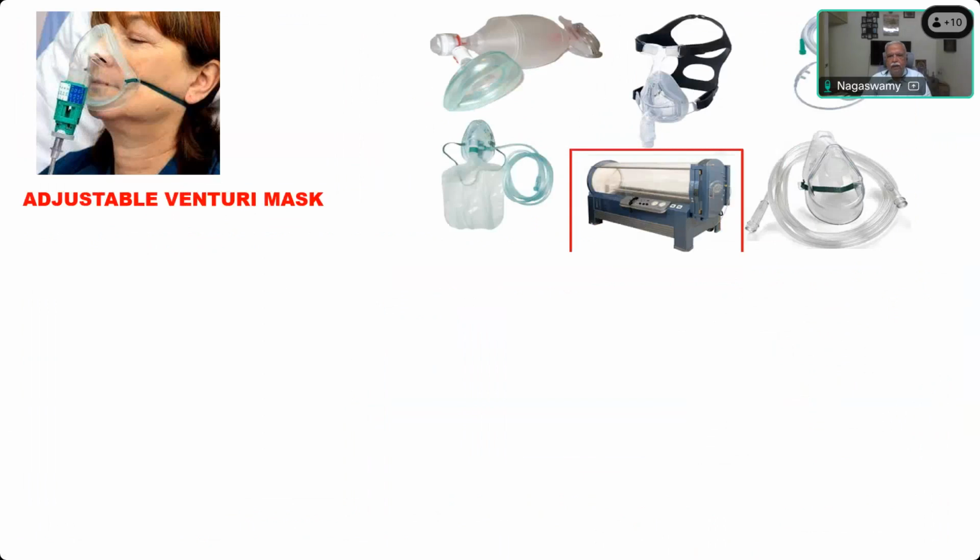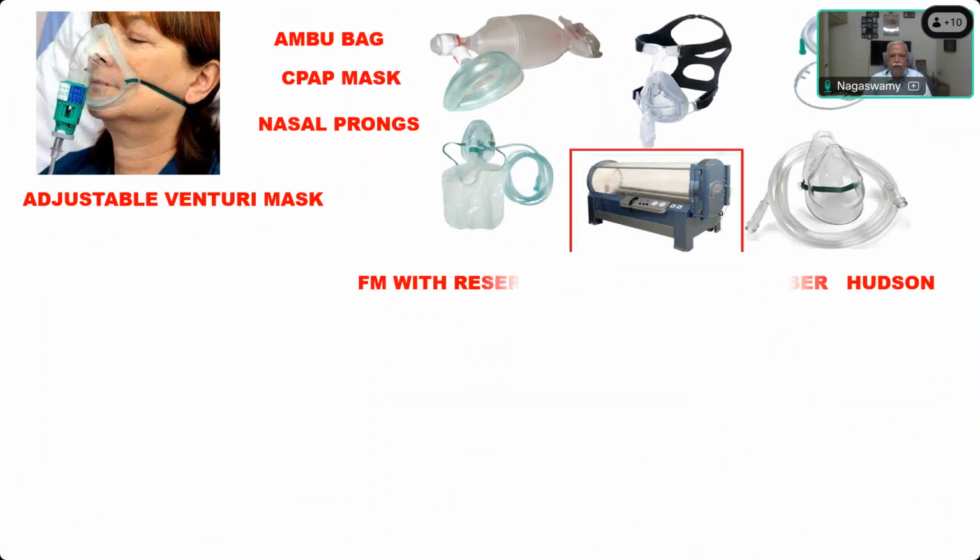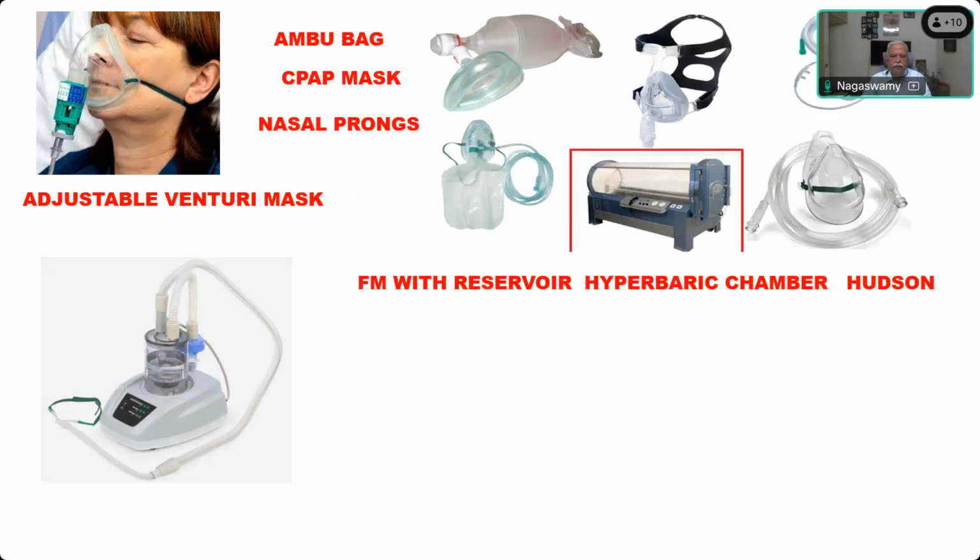Then what is this? Hyperbaric chamber. Then Hudson mask, sir. Hudson mask. Okay, so Ambu bag, CPAP mask, nasal prongs on the top row. Face mask with reservoir, hyperbaric chamber, and Hudson mask.